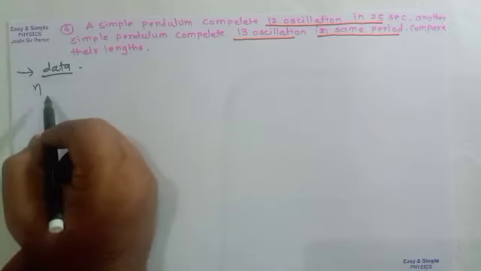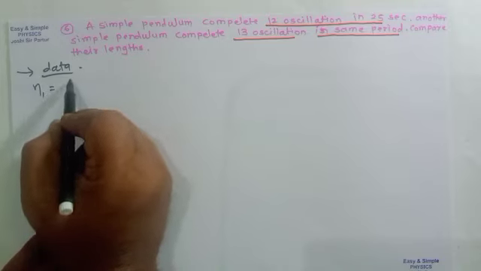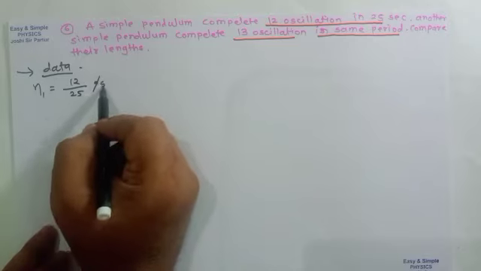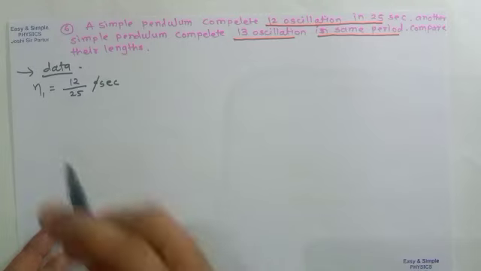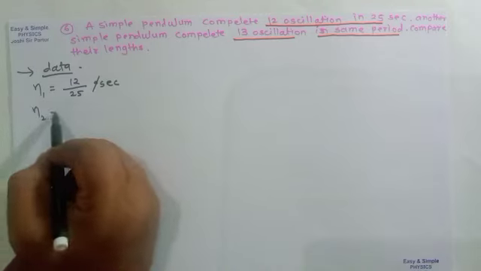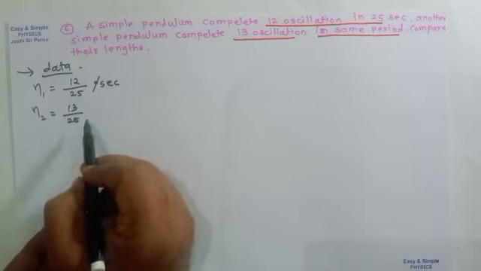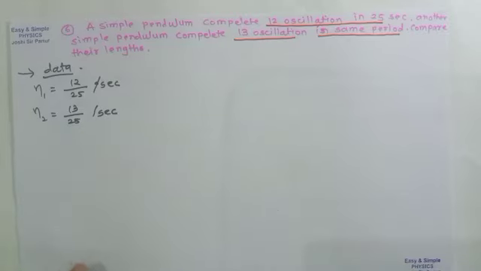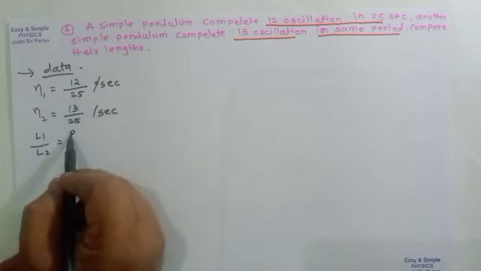Frequency at first position, that is n1, is 12 oscillations divided by 25 seconds, means 12 upon 25 per second. Another is given as 13 oscillations per 25 seconds, 13 divided by 25. And we want to compare their lengths. L1 upon L2 is equal to question mark.